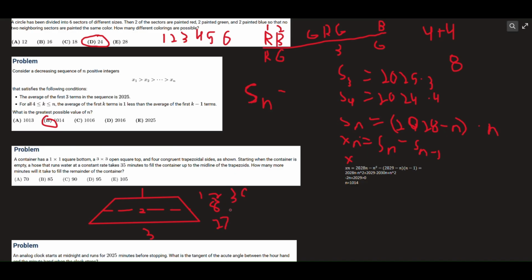So then we have 35 over 8 minus 1 equals x over 27 minus 8, because we want to get it all the way up to 27. So solving this, we have x equals 95, which is our answer.